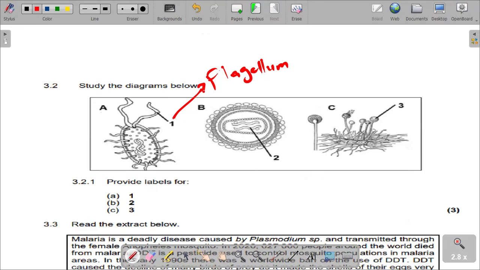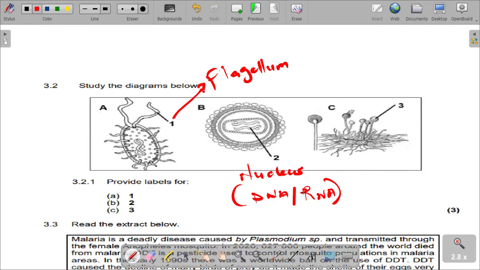2 can be the nucleus, which we can say can be DNA, it can be RNA.